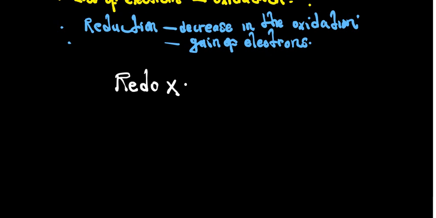Nice. So we'll just divide this word. The first part, RED, is reduction, and the other part is oxidation. Just like he put it, we're talking about a chemical reaction that is undergoing both reduction and oxidation. That is what we mean by a redox reaction.